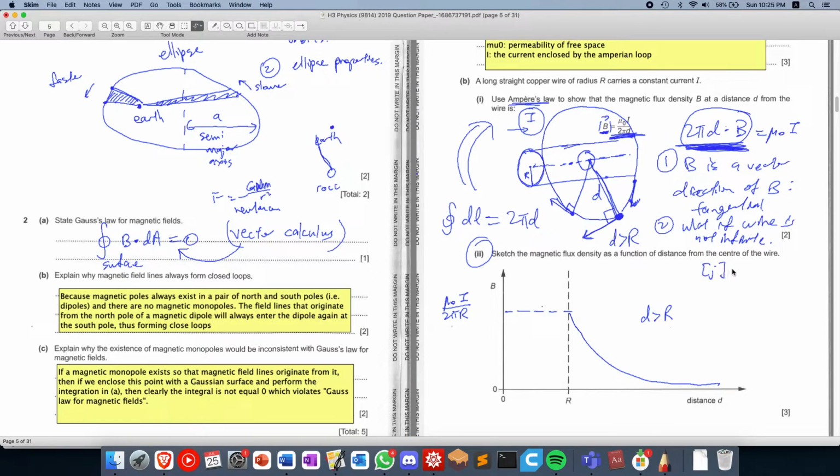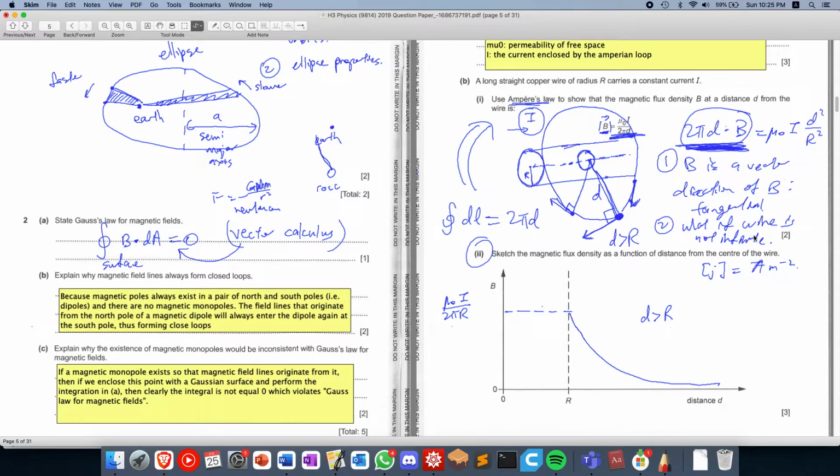The units of current density are amperes per meter squared, current per unit area. If we have a smaller Amperean loop that doesn't encompass all the current, then the current will be less, by a factor of D squared over R squared, because you're taking the area: pi D squared over pi R squared, but pi cancels.